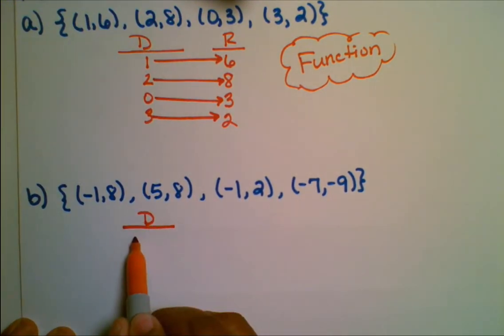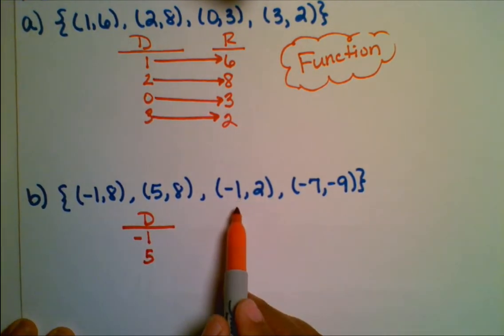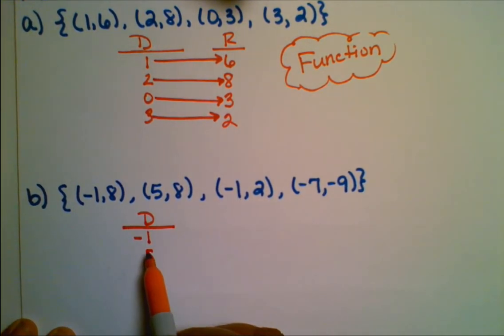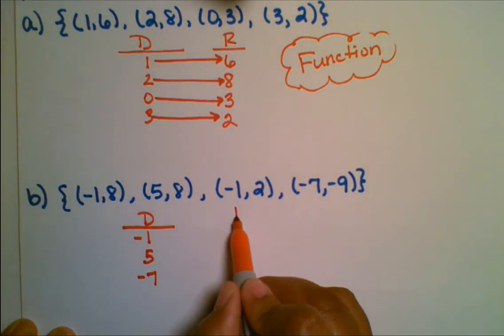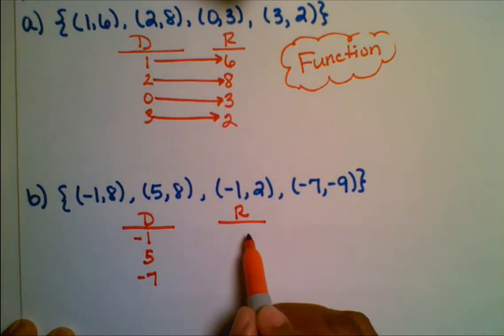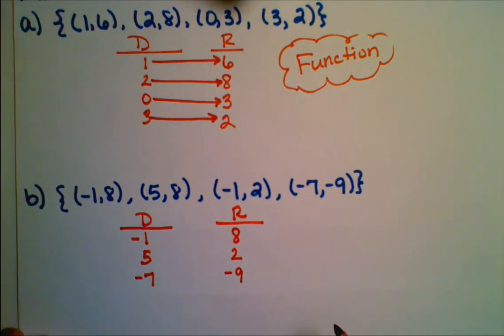So we have here -1, 5. We see we have -1 there as an x coordinate. We only need to write it once. And we have -7. For our range, our coordinates are 8, 2, and -9.